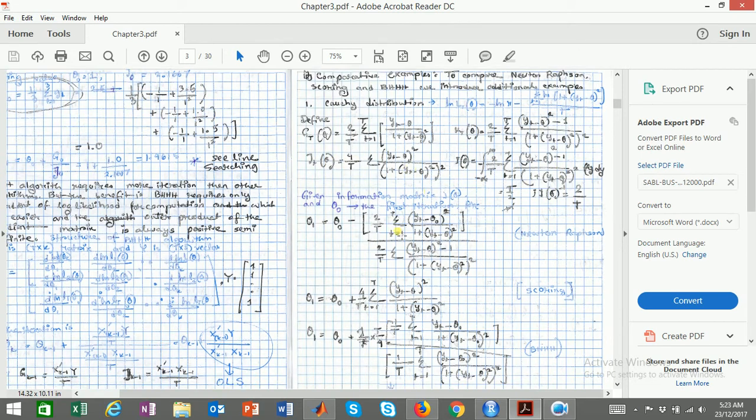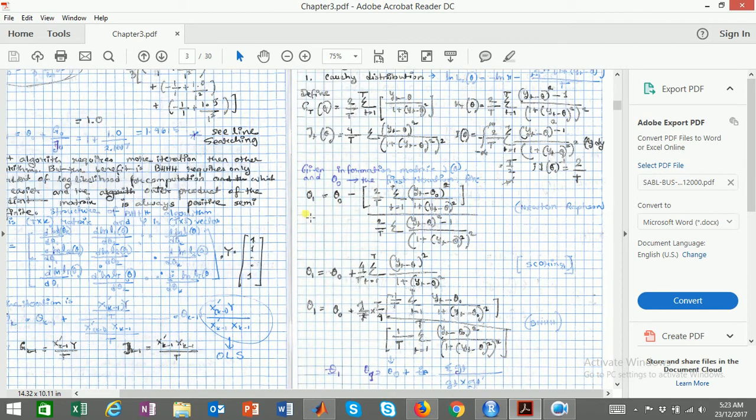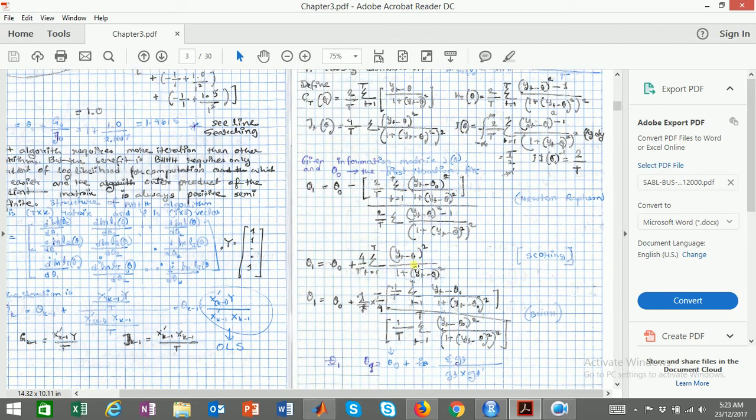And then updating happens with theta 1 equals theta naught minus simply g by, in the case of Newton-Raphson, G by H. In the case of scoring, theta 1 equals theta naught plus, because minus becomes plus. We are simply using OPG for scoring, nothing else, very simple, just OPG.